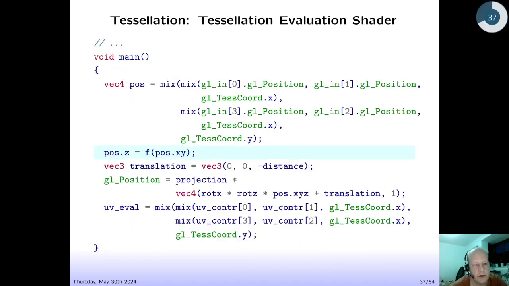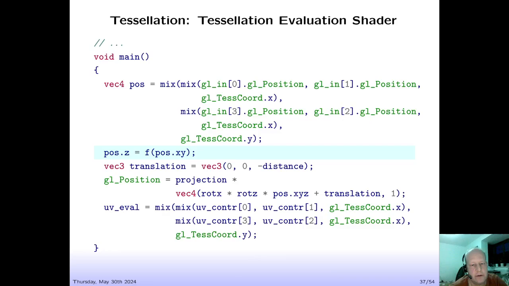The rest of the tessellation evaluation shader is like this. We use the mix function to interpolate between the 4 quad corners, and we get gl_TessCoord.x and gl_TessCoord.y as input.